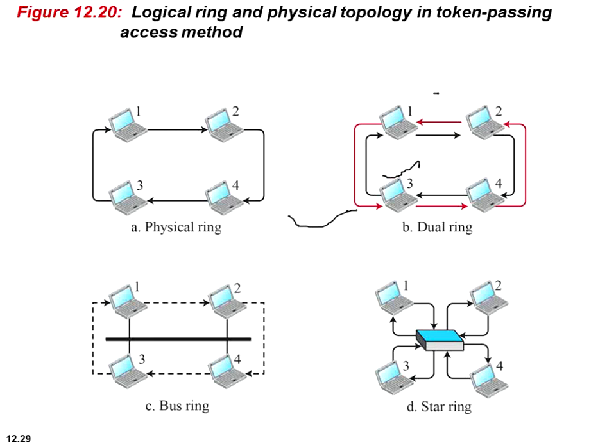Now the second ring is for emergencies only. If one of the links in the main ring fails, the system automatically combines the two rings to form a temporary ring. After the failed link is restored, the auxiliary ring becomes idle again.